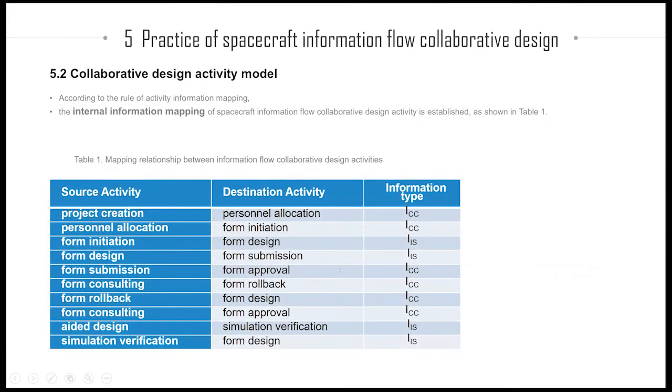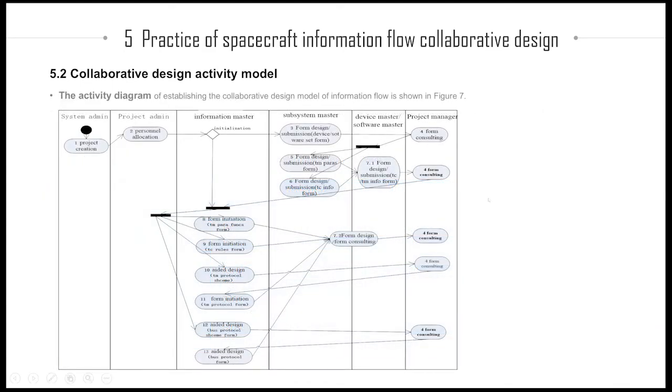Second one is the collaborative design activity model. According to the rules of activity information mapping, the internal information mapping of spacecraft is shown in this table, from source activity to destination activity, and this is the information type. Then the activity diagram is established according to the practice.